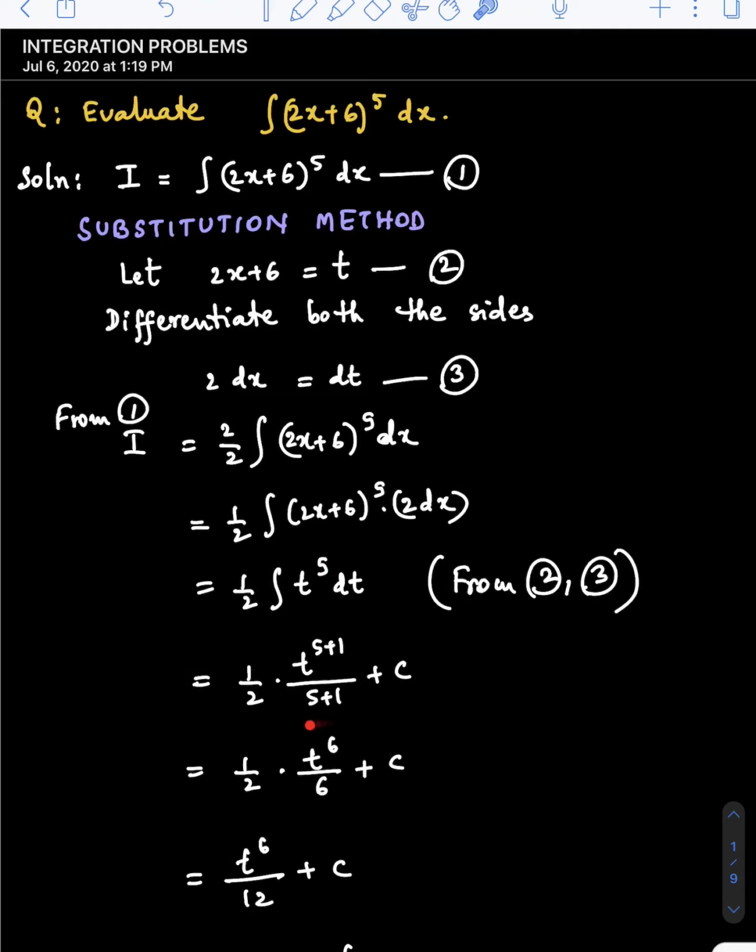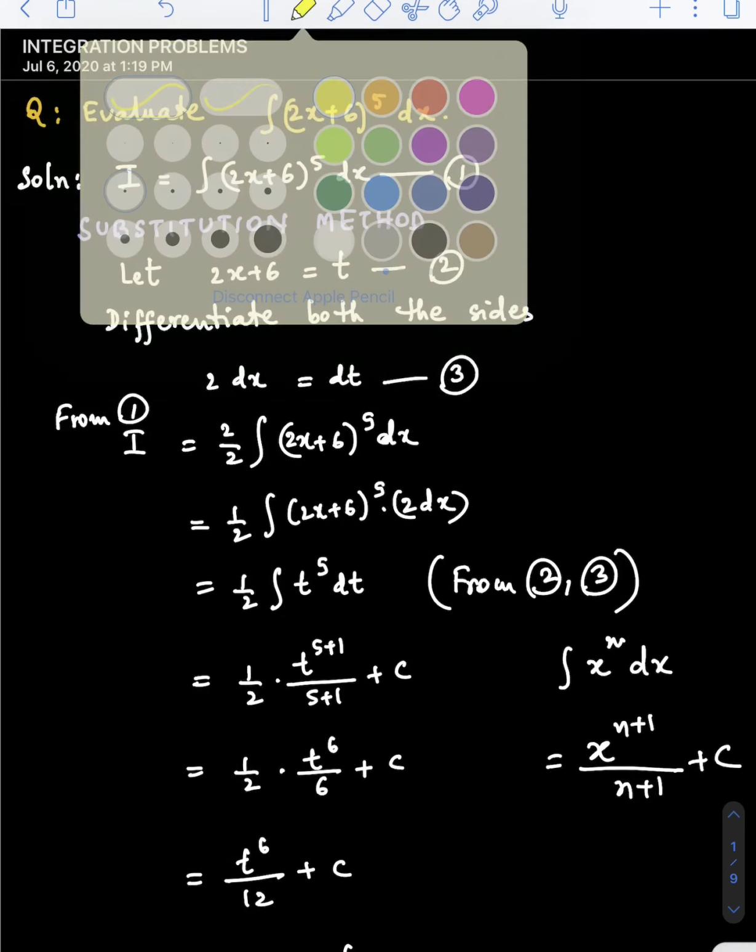Now half is taken. t power 5 plus 1 by 5 plus 1 plus c. This is the integral constant. We should write it after integration. So its answer is t power 6 by 6. There is a formula: integral x power n dx is equal to x power n plus 1 by n plus 1 plus c.